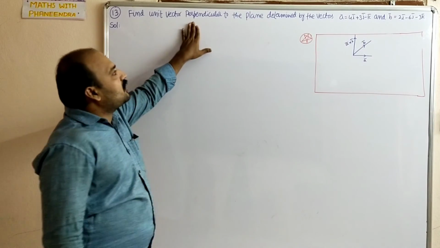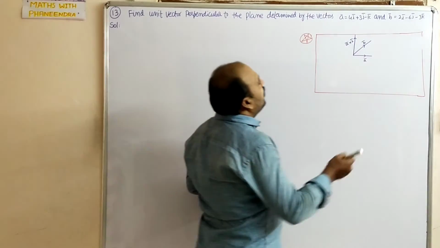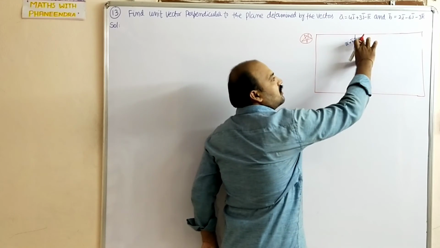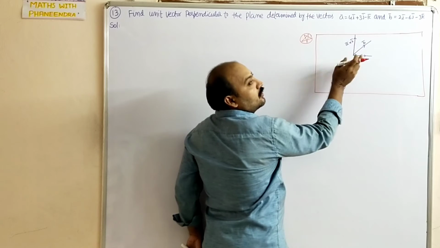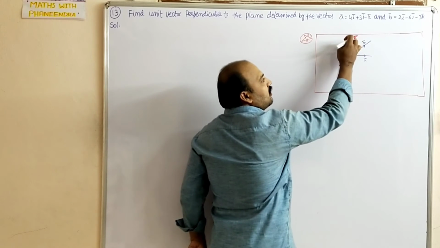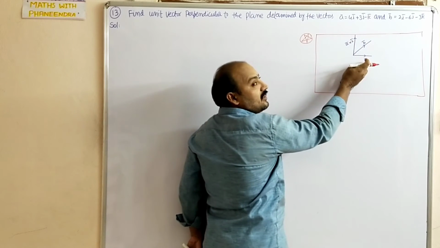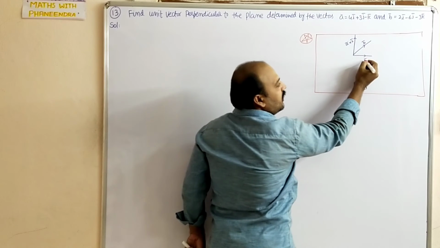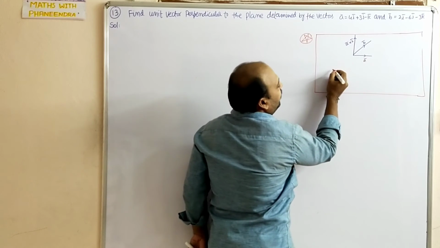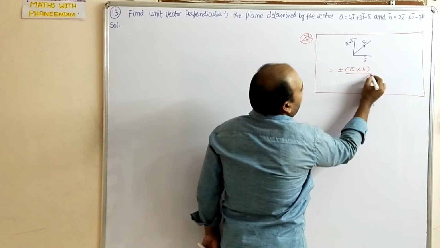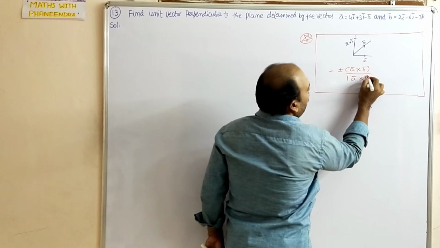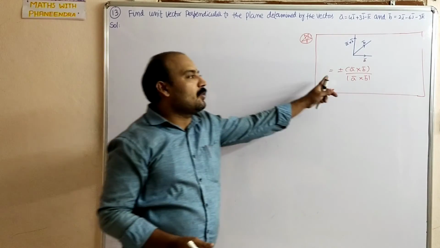The unit vector perpendicular to the plane determined by the vectors A bar and B bar, the two vectors in the plane, is the unit vector perpendicular to both the vectors A bar and B bar. So the formula is plus or minus A bar cross B bar divided by mod A bar cross B bar. This type of problem we already discussed.